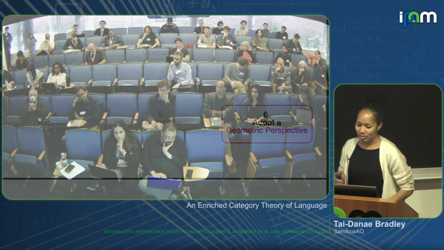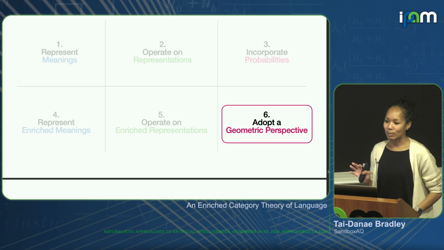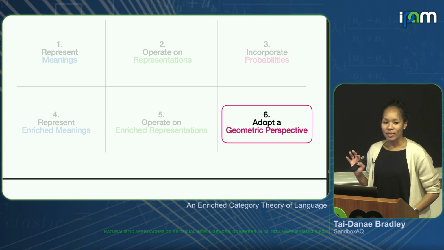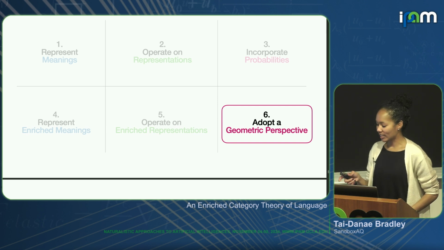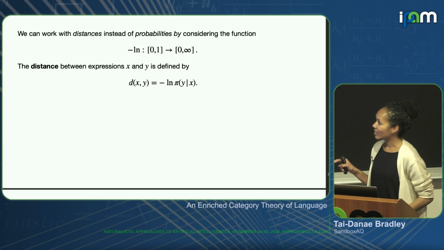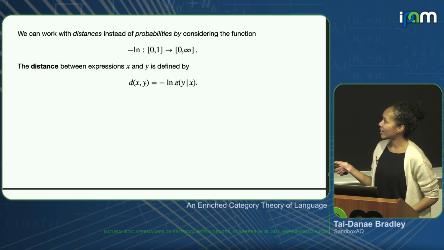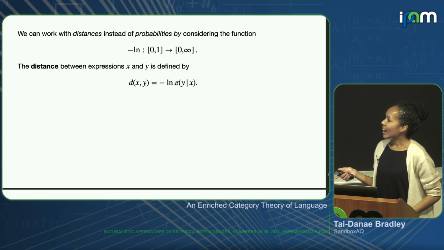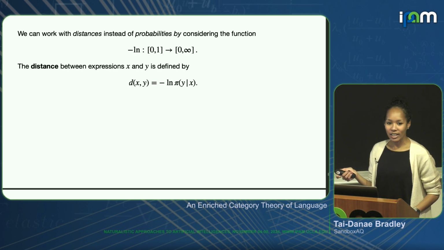But okay, just for the sake of time, let me just say now, just to wrap up, that you can think about probabilities, or you can think more geometrically if you like. That's because the negative log provides a mapping from the unit interval into the extended non-negative reals. So in other words, I can actually think now of the distance between two strings as the negative log of this probability between them.